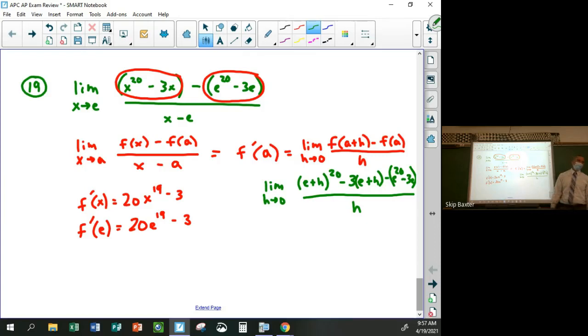It would look like that. That makes sense? This is f of e plus h minus f of e over h. And maybe they would simplify this a little bit by distributing the negative and combining terms or whatever, but that would be more complicated.